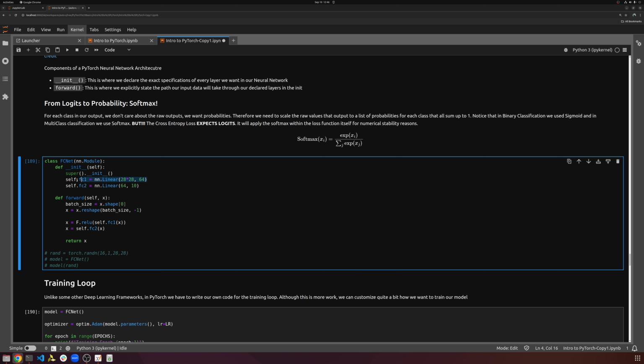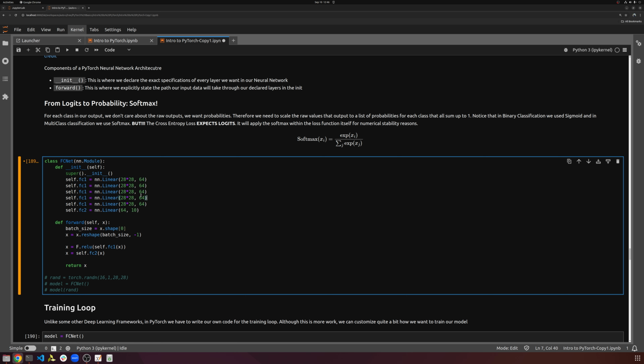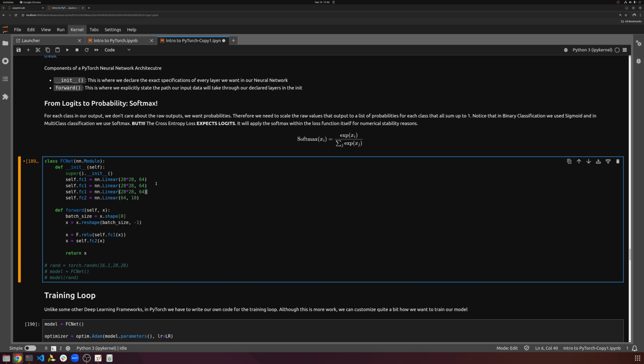And we can make this whatever we want. We can basically just add a ton of layers. Let's add fc2, fc3, fc4. All of these, let's say it's 64, and then let's say this goes from 64 to 128, and then we go from 128 back down to 64.